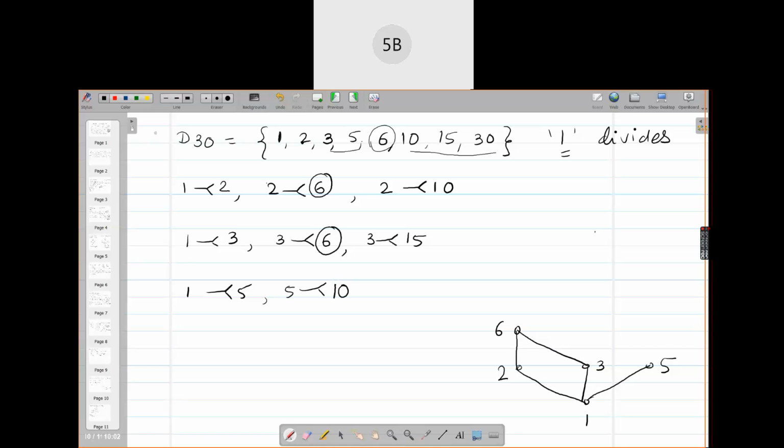So now see, I am pointing it out in red. 2 is covered by 10 and 5 is also covered by 10. So I should have a 10 at the upper level of 2 and 5. Do you understand this?